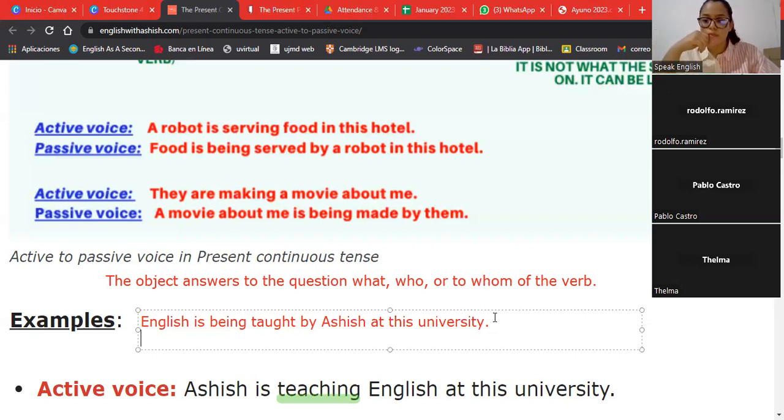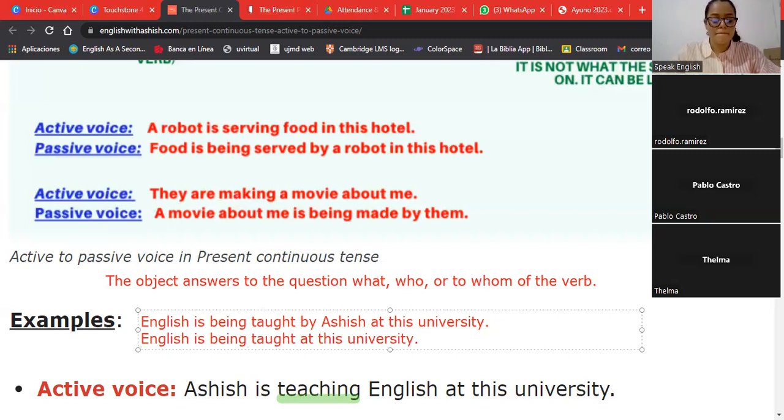If the passive voice is in present perfect, the result will be in present perfect as well. Okay, got it. Very good. Another option without the by is English is being taught at this university. This is the other option.